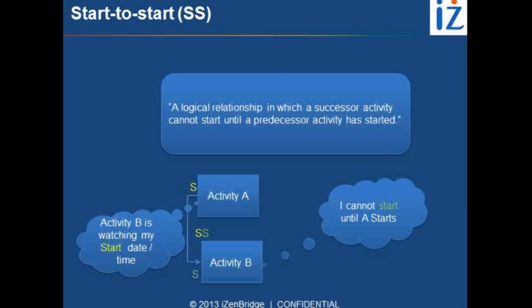That is not the case. So I cannot start till activity A has started, but if I am calculating a backward pass, it's not necessary that if activity A is starting on day 4, I must start on day 4. I can start on day 5, I can start on day 6, but I cannot start on day 3.